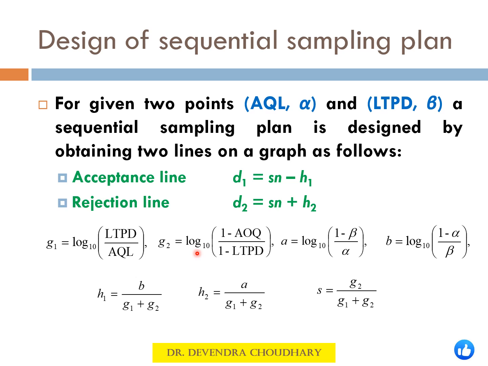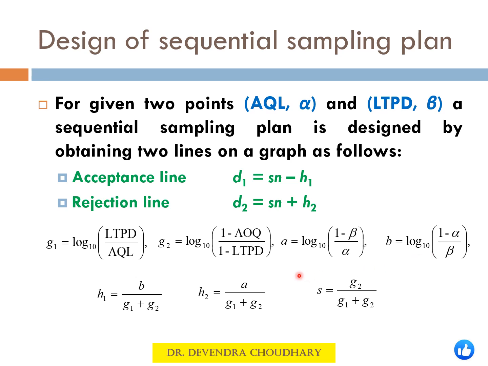G2 is the log to the base 10 of (1 minus AQL) over (1 minus LTPD). A is the log to the base 10 of (1 minus beta) upon alpha, and B represents the log to the base 10 of (1 minus alpha) upon beta.